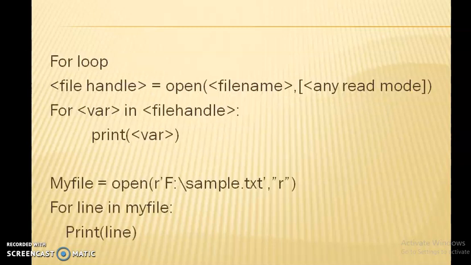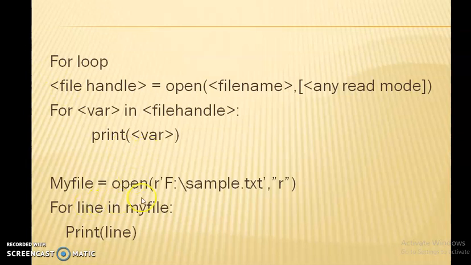See the syntax: file handle is equal to open file name, then any read mode. Then for var in file handle, print var. When you use a code like this, it will print the entire file line by line.